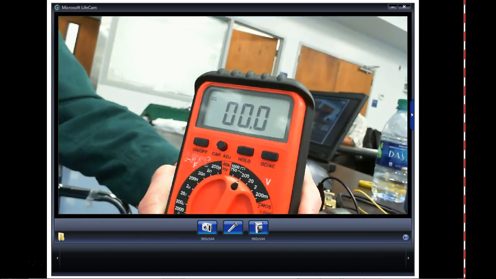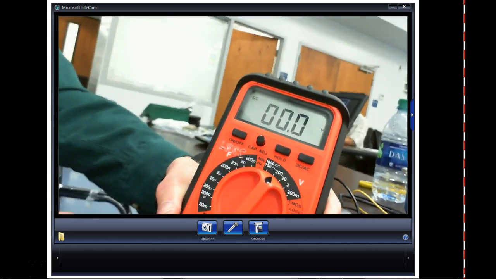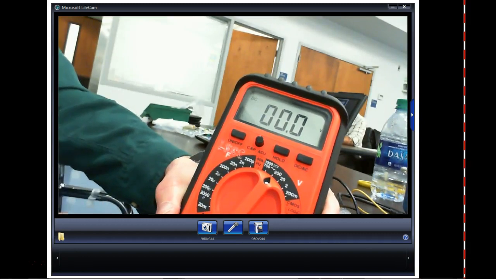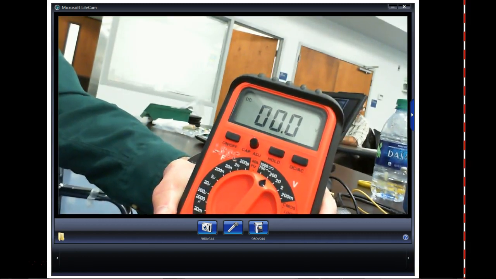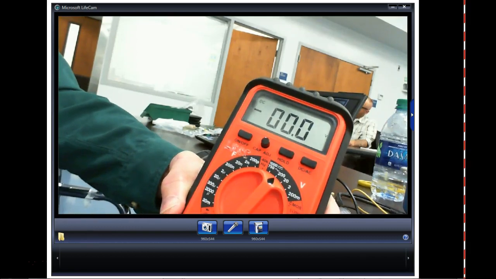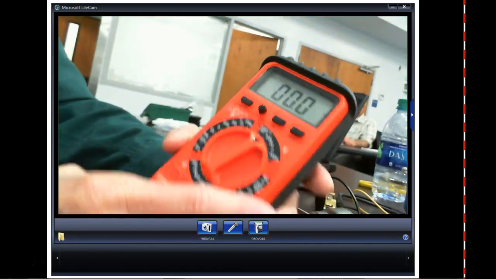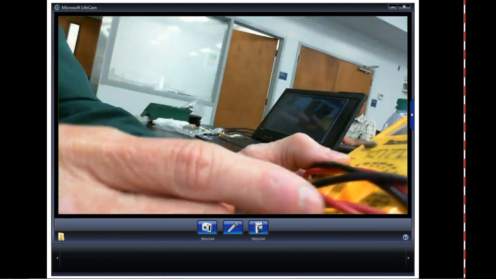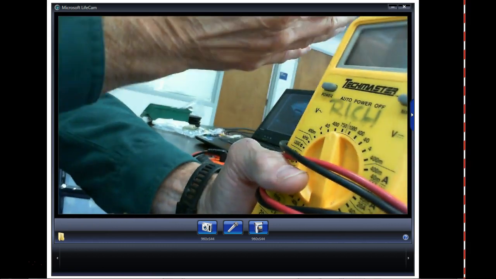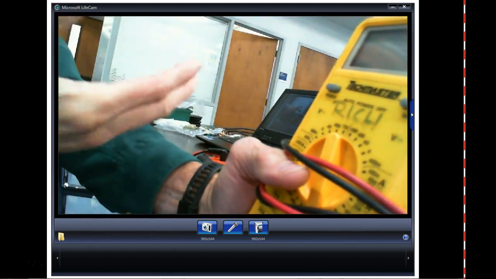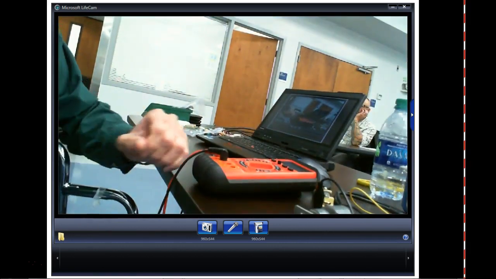So right now, if I put this into an AC circuit, it's going to measure what? It's going to measure 0. We can do that on an outlet. So we got to be real careful on that. That's why I don't like this meter. On this meter, you have AC and DC ranges. I like meters that have AC and DC ranges, and that way you don't have to flip a switch.